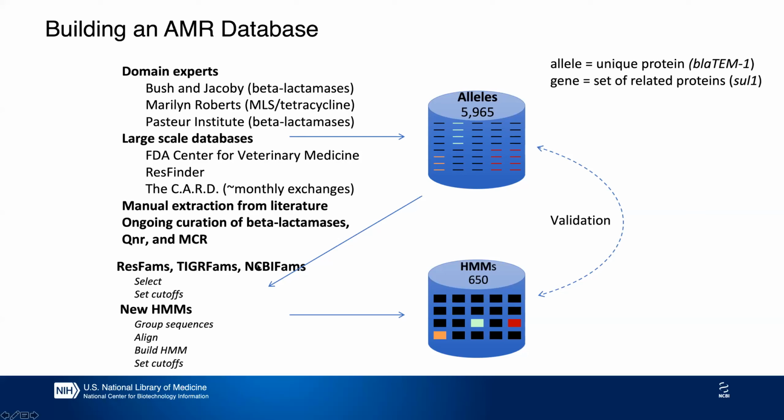So obviously that's a source of data. We have used or incorporated for the HMMs information from ResFAMs, TigerFAMs, and we also construct what we call NCBIFAMs. And then we do a lot of validation to make sure that our HMMs are actually hitting the things that are in our database so that they work.